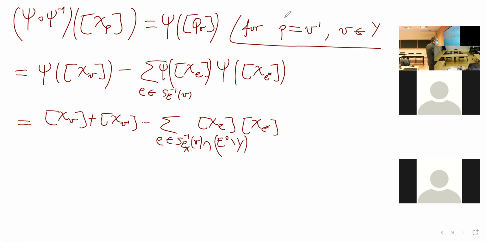So let me write it down as minus the sum, and now maybe I will call it F, and it will run the intersection of a preimage under SEX of V with F. I don't have to do much about it because the preimage under SEX is the same as the preimage under SE, simply because Y prime has no sources.